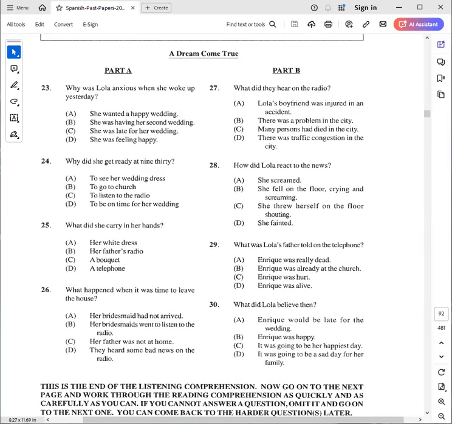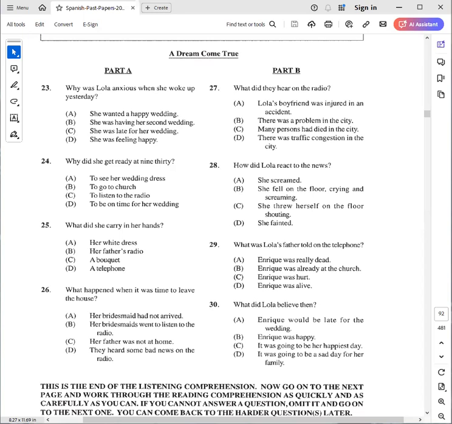So again, I'm going to translate what was said here. So it says, ayer fue el matrimonio de Lola. So yesterday it was Lola's wedding. Se despertó temprano porque estaba ansiosa de tener una boda feliz y romántica. She got up early because she was very anxious to have a very happy and romantic wedding. La boda iba a ser a las 10 de la mañana. So the wedding was to be at 10 o'clock in the morning.